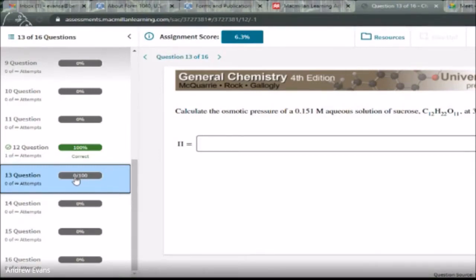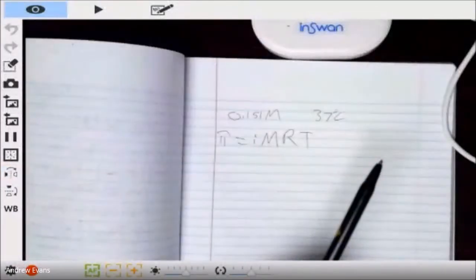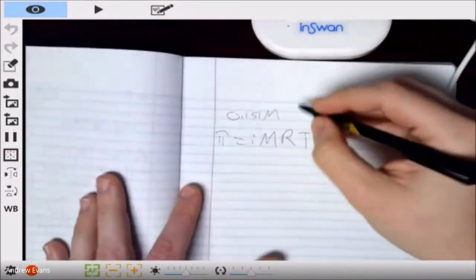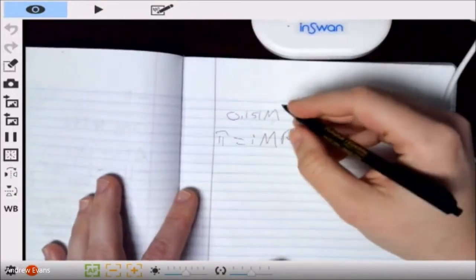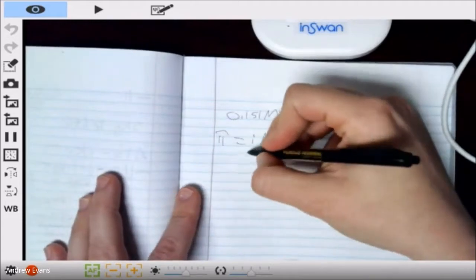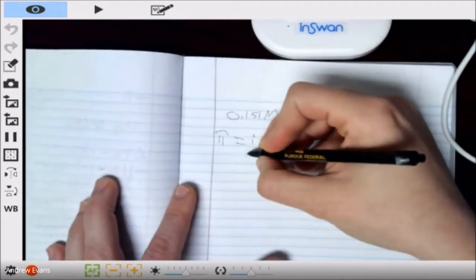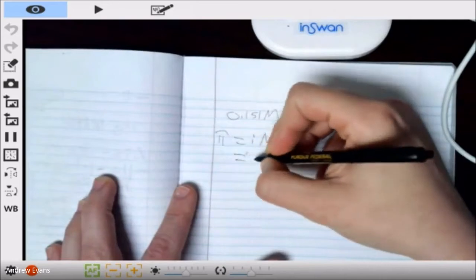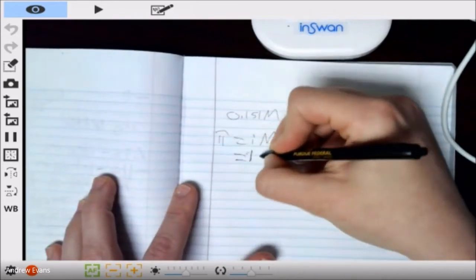Pi equals iMRT. Note they want this in atmospheres. Because they already give us the molarity, we don't need the molar mass of sucrose. Because it's sugar, big, large, organic, i is 1. Molarity is just 0.151.